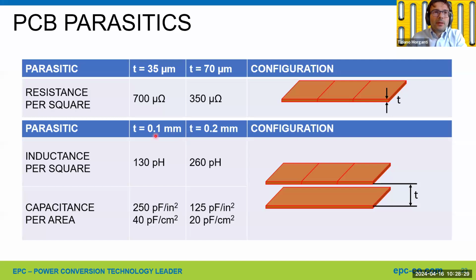For 0.1 millimeter insulation, or 4 mils, you have 130 picohenry of parasitic inductance. If you double the thickness, you double also the inductance. And you have also a capacitance between the top track and the return, which is 250 picofarad per square inch with 0.1 millimeter thickness, and it halves if you double the thickness.